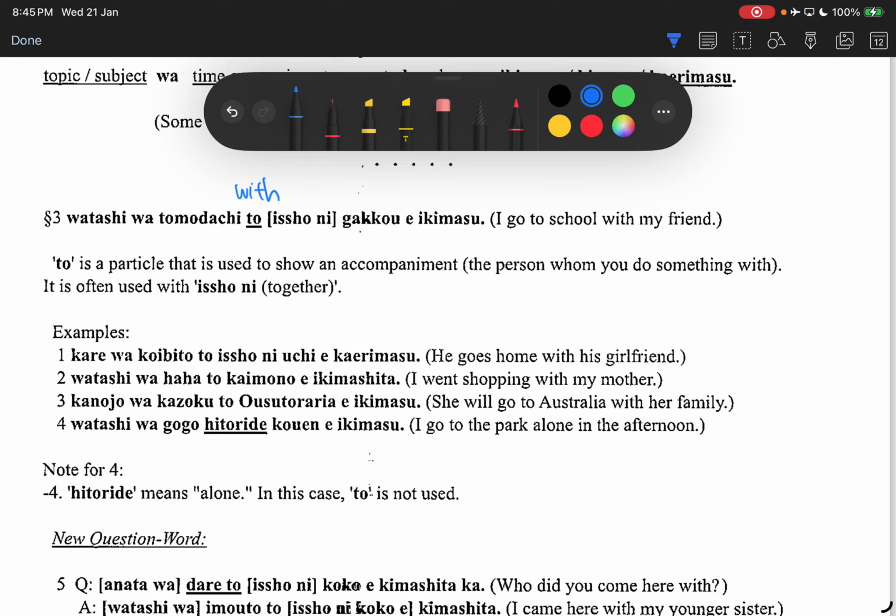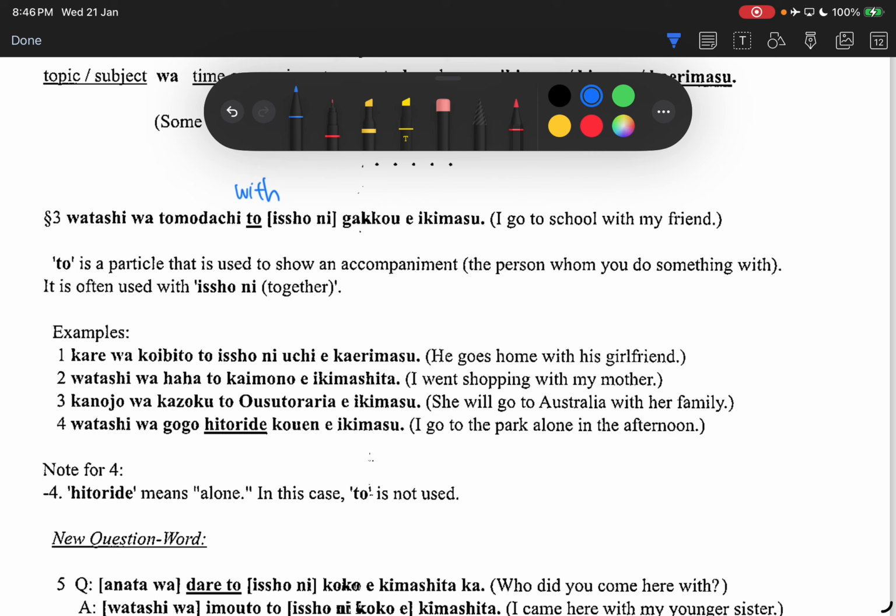Okay, number 2. 私は母と買い物へ行きました。Right? 私は, so this is about me. Right? About me, 母と, with mother, with 母. Right? 母と買い物へ, so to 買い物. Right? To 買い物行きました, went. So I went to shopping with mother.